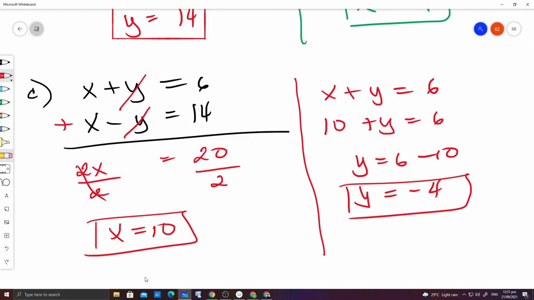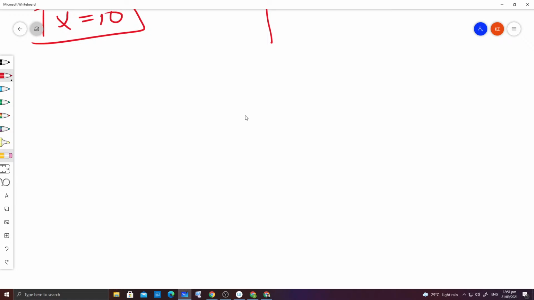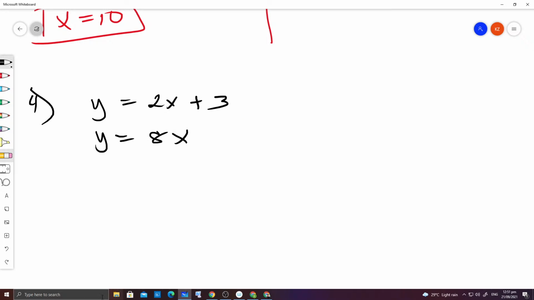Okay, for number 4, let me explain number 4. Solve each of these pairs of simultaneous equations. So we have y equals 2x plus 3, and then y equals 8x.